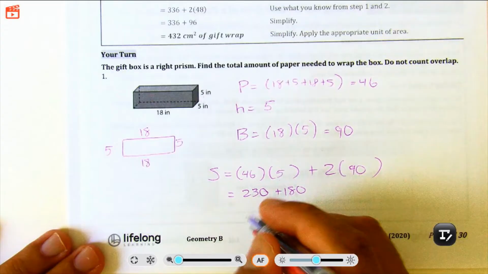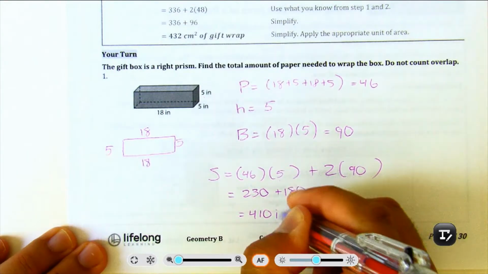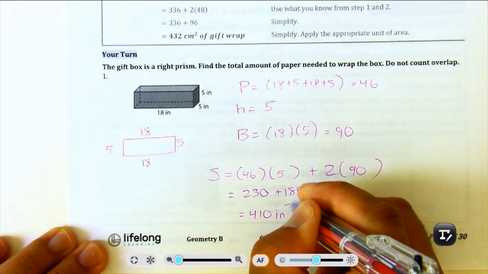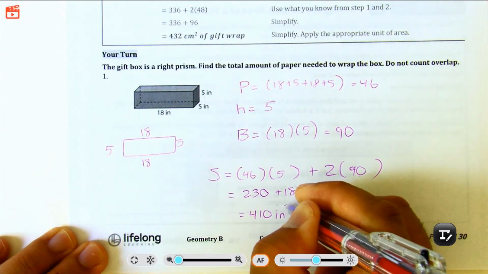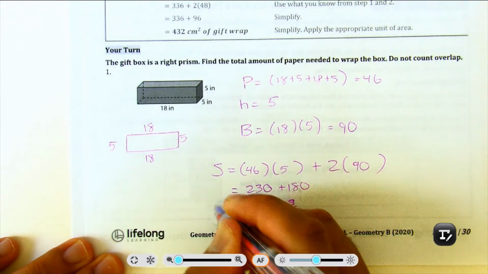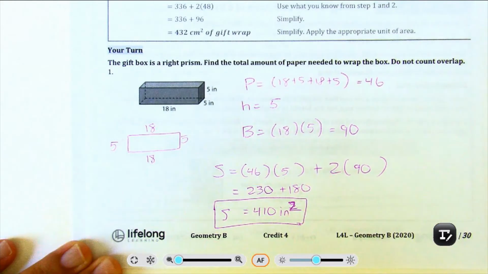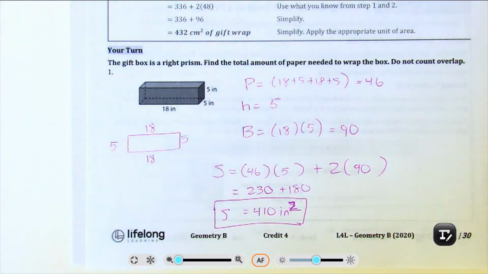So this would be 410 square inches. So find the perimeter, find the height, find the base, plug it in, and solve.